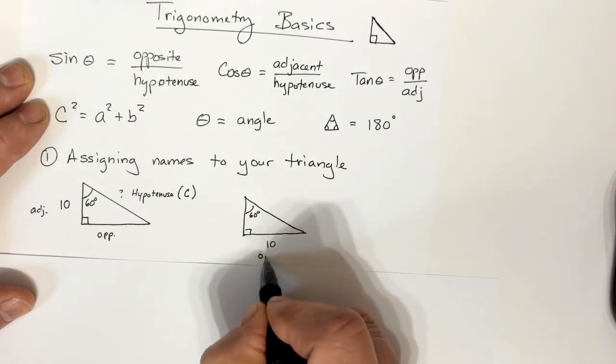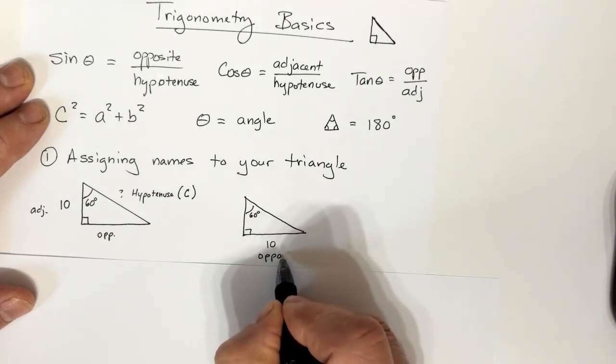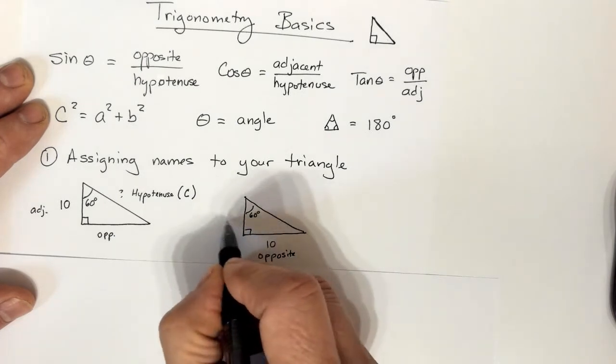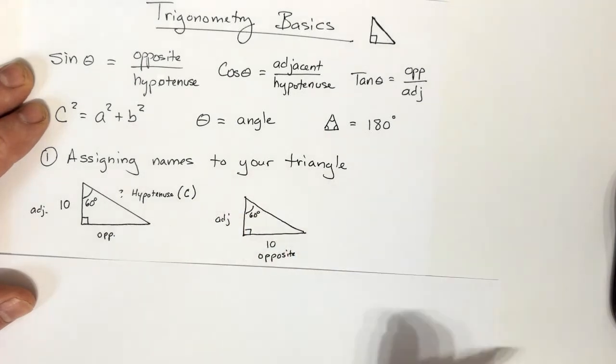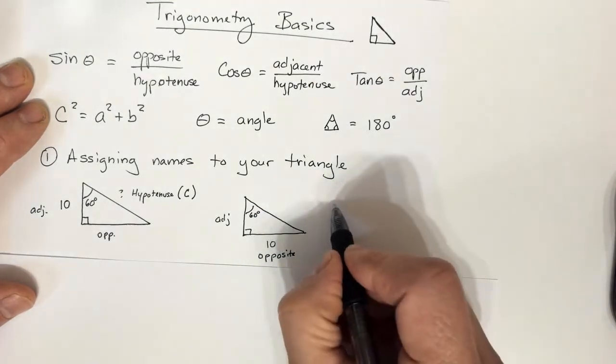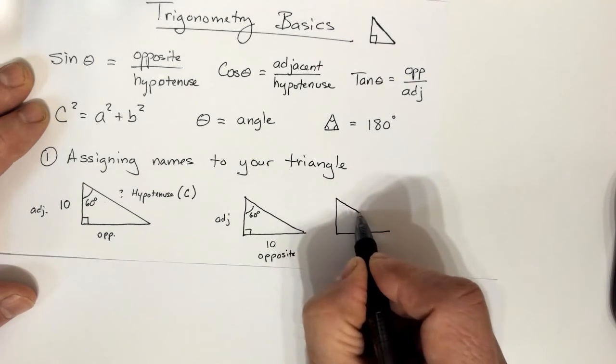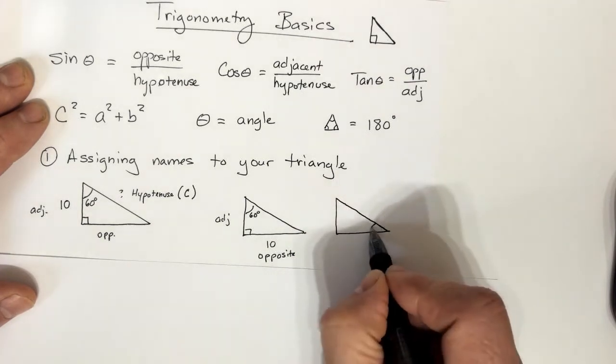Then this is now my opposite side, and this is still my adjacent side. And if I move it one more time, let's say that I have my 60 degrees down here.